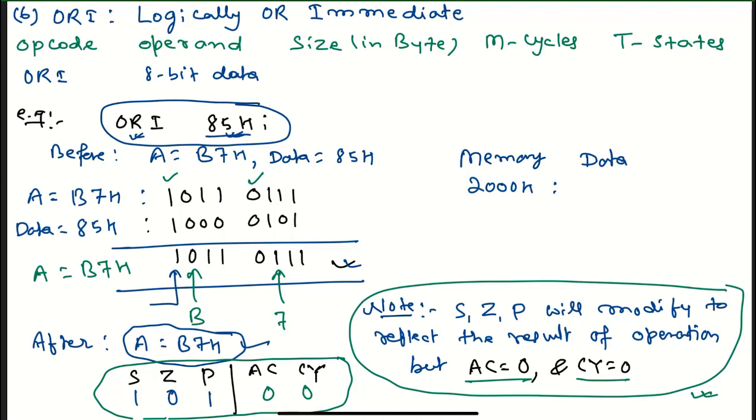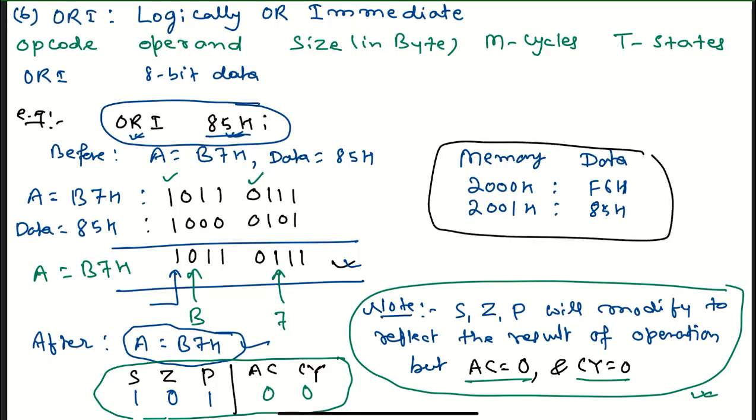Let's say the opcode is F6H, so that will be stored at this location, and at the very next location, that is 2001H, it is going to store this data as an operand, which I had taken as 85H. So this will be stored inside the memory before execution of this instruction.